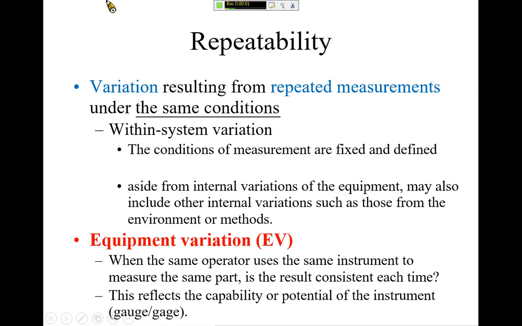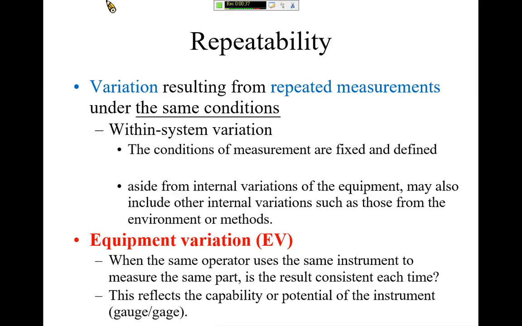Next, we talk about the repeatability. Repeatability, as we know, is called equipment variation. We want to know if the same person uses the same tools to measure the same parts, is there any variation, so that the results are not consistent each time.